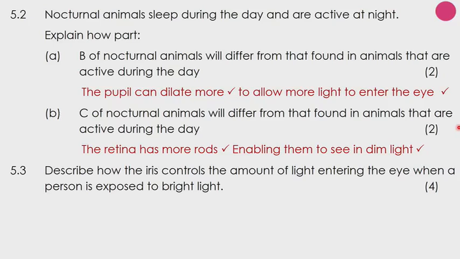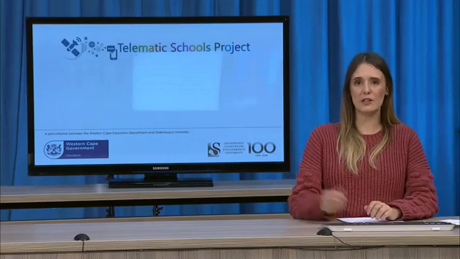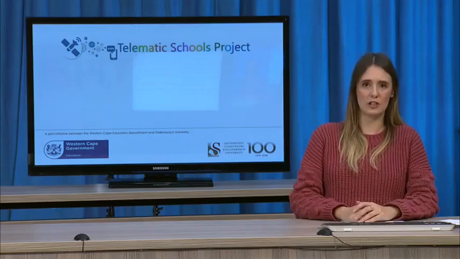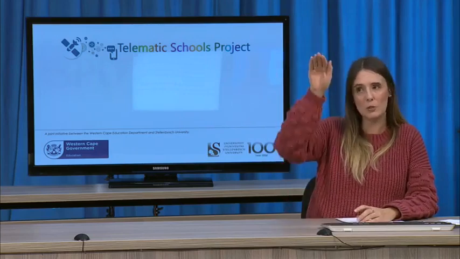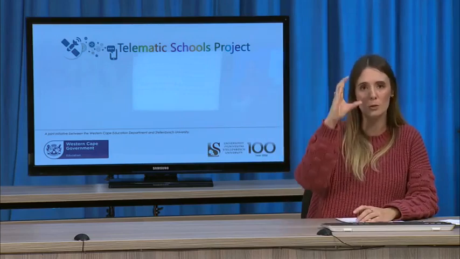And then that typical 4-mark question that Yolandi has gone through: describe how the iris controls the amount of light entering the eye when a person is exposed to bright light. So for bright light, I always like to think of a room. You're sitting in a room and there's too much light coming in and you close the shades, right? You want less light to enter, so you close the opening between the windowsill and the shade, so the pupil has to do this.